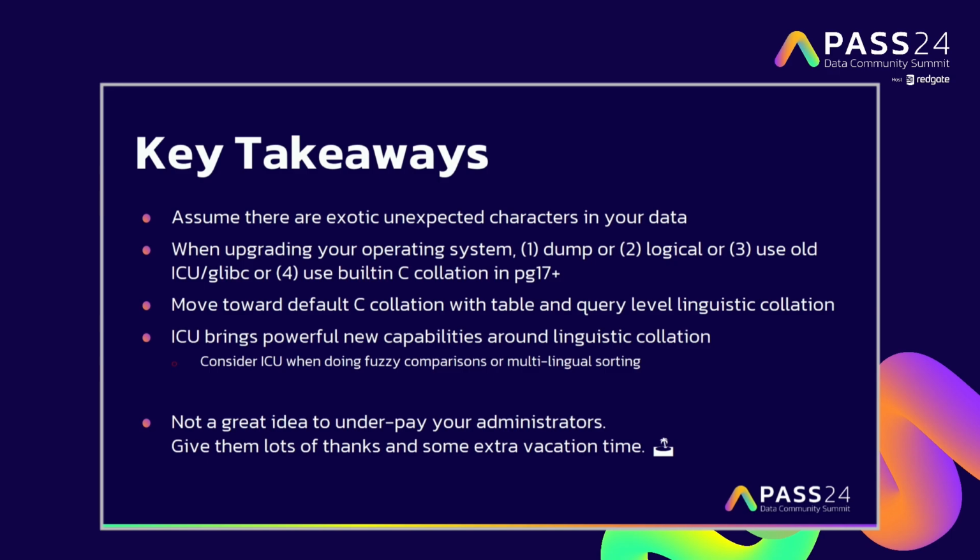If you use create subscription, create publication, and you let Postgres do its thing, it's just copying data over the network, that's totally safe. Don't physically copy your files because then you're back to the original problem of the indexes. You can always use the old version of glibc or ICU. That is always safe. And then finally, if you're on Postgres 17, use the new built-in collator.